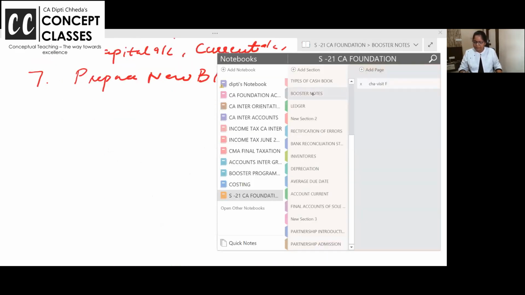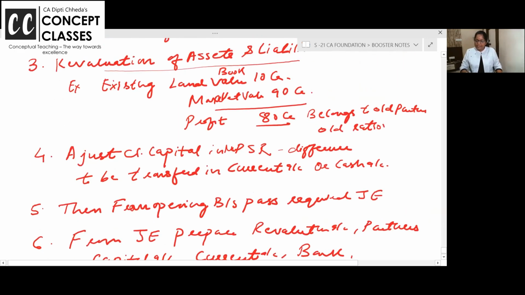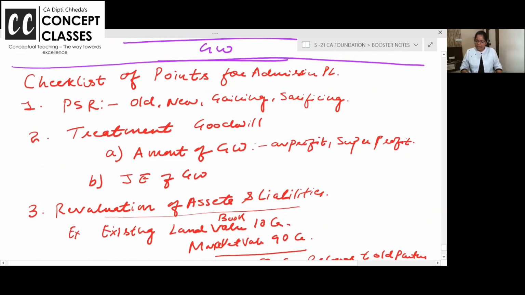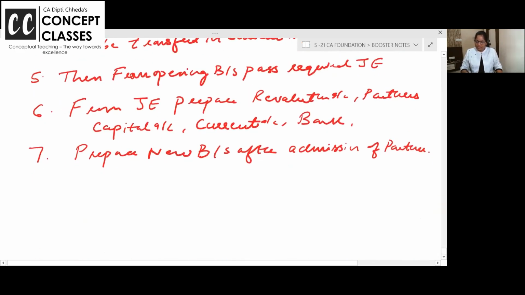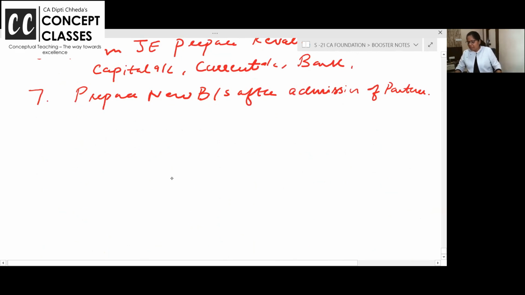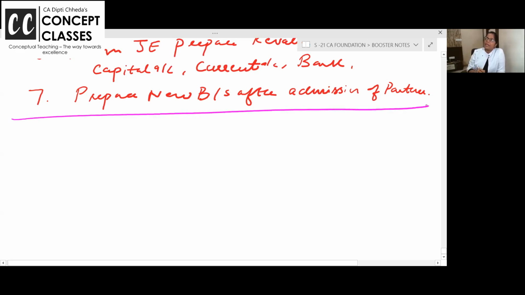Yesterday we wrote the concept, what the checklist is: PSR, goodwill, revaluation, adjust. Tomorrow if you want, I can give you steps also, mind mapping so you never go wrong. For now, write some common points you need to note for admission.